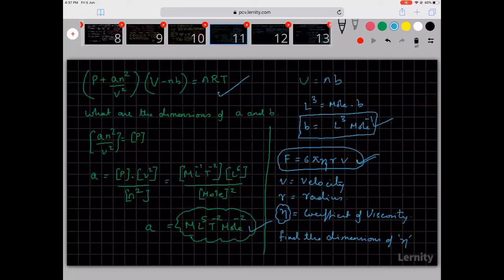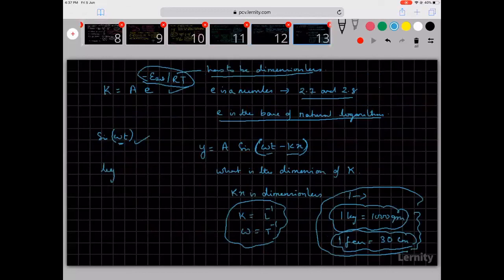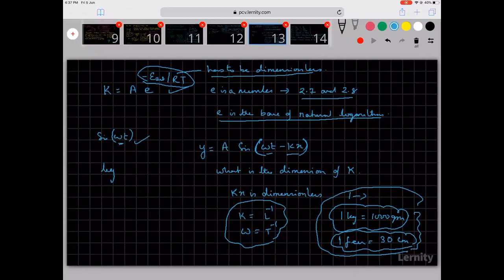Please sit down and try to work out whatever we have read. Try to work it out once again. Only when you repeatedly read will our ideas be clear. Just by listening, our ideas won't be clear. This is 12. This is 13. This is 14.